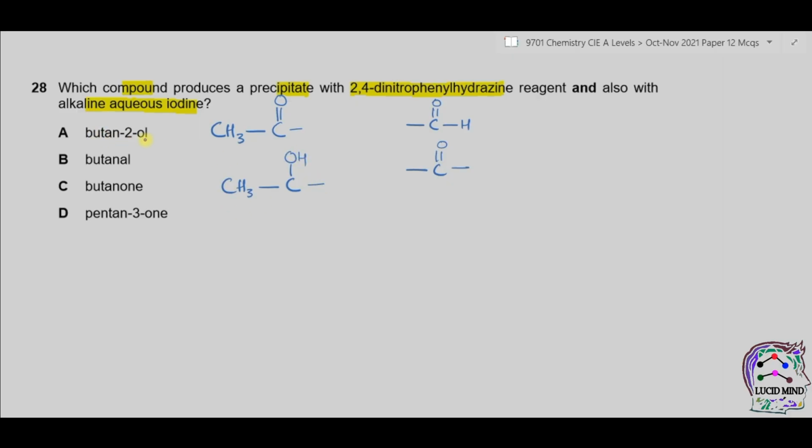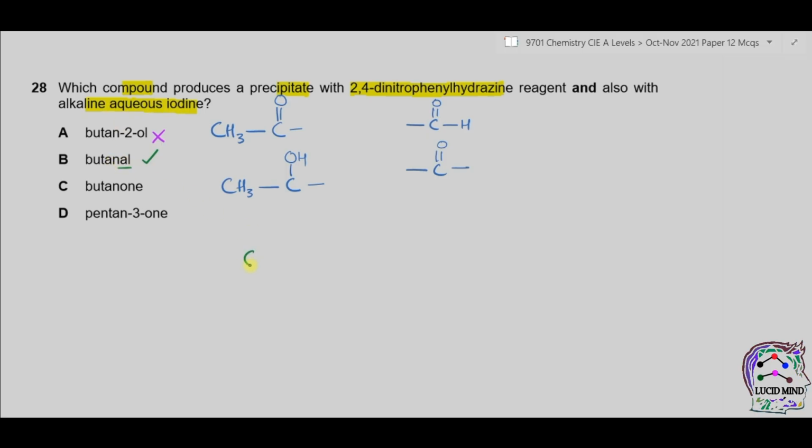First one is butan-2-ol, as this is alcohol, so therefore it will not give a precipitate with 2,4-DNPH, as only aldehyde and ketone can give this product. Second is butanal. This is aldehyde, so therefore this will show reaction with 2,4-DNPH. Let's see whether it will give with alkaline aqueous iodine or not.